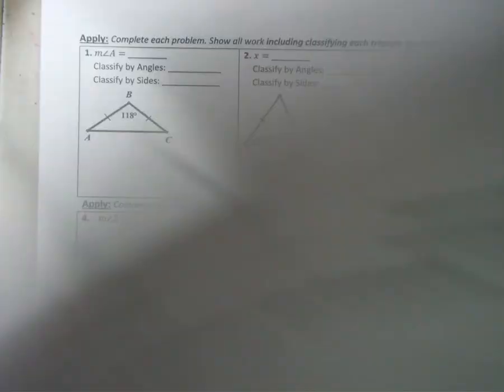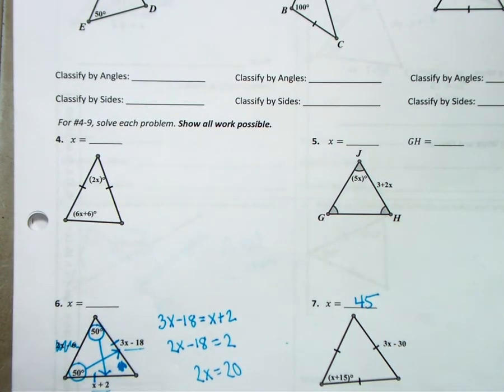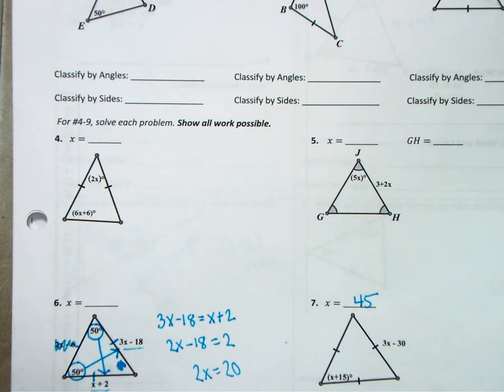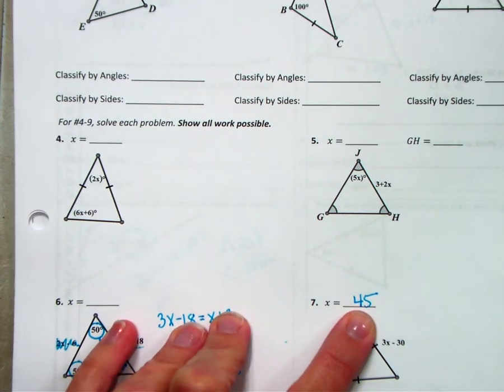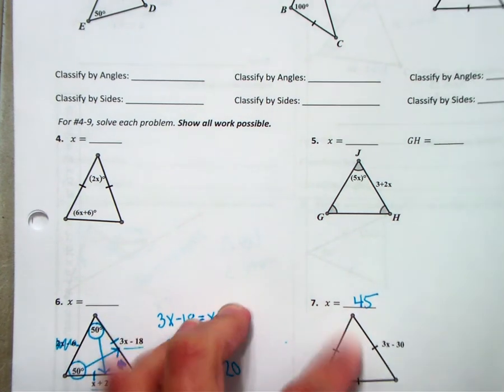Okay, so as you're going through homework 10, whether you're doing it online or whether you're doing it on paper, when you get an answer, so I already did this number 7 and I got the answer of 45. When you get an answer of 45, you should go ahead and flip the page over and just check to make sure that 45 is an option.